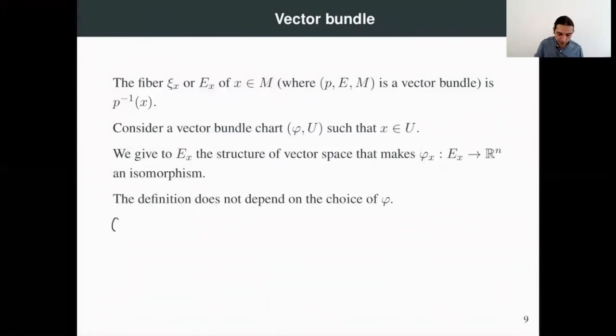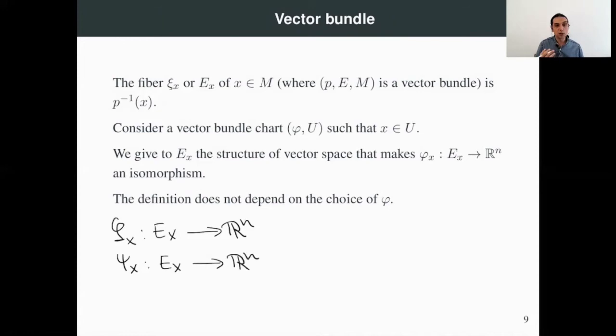If we have two different local charts, okay, and x belongs to the domain of definition of these charts, we are actually giving a structure of vector space to E_x such that the first map is an isomorphism. But that makes automatically the second map an isomorphism, okay?